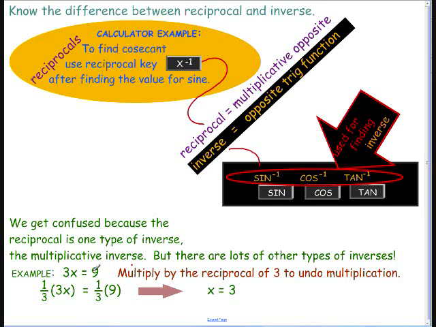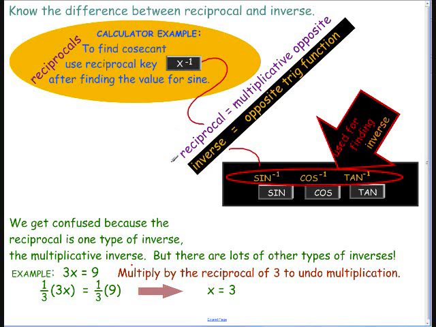Just for example, let's look down here. With 3x equals 9, we can multiply by the reciprocal of 3, which is 1/3, to undo the operation. So it is the inverse of multiplication. Sometimes we think of it, instead of being the multiplicative inverse, as dividing.